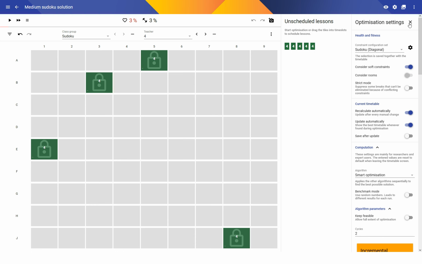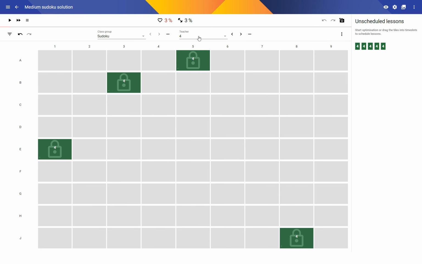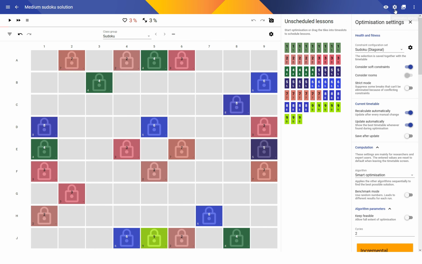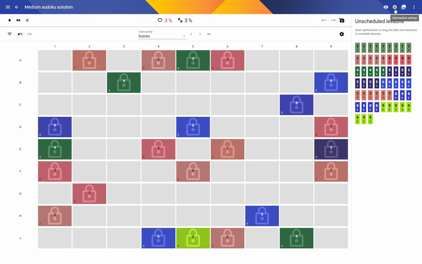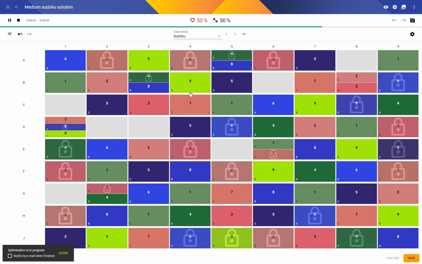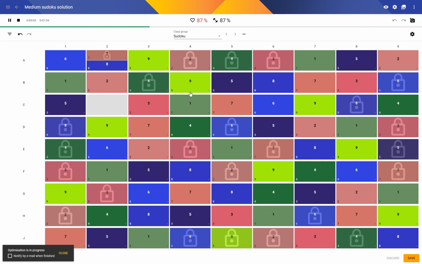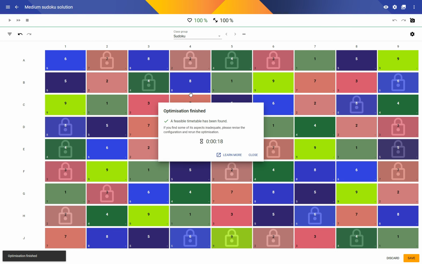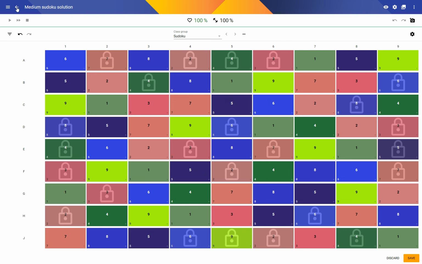Now this should give the same result as the last time, which was very quickly obtaining the full 100% complete Sudoku solution. And indeed, that is what happens.